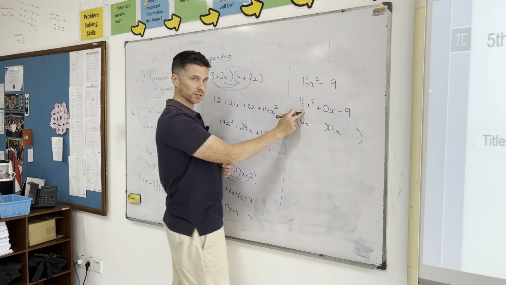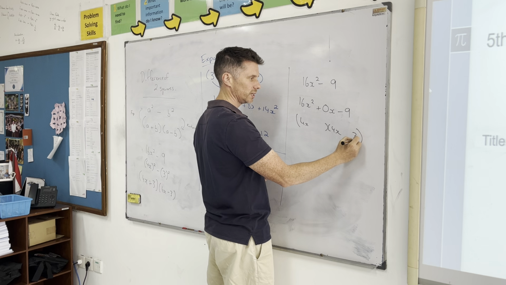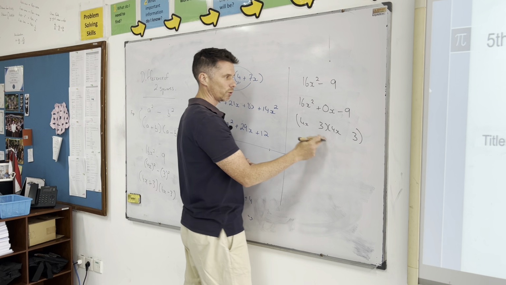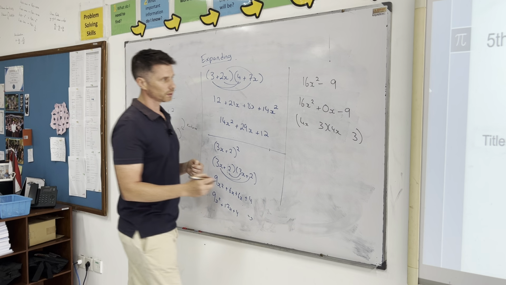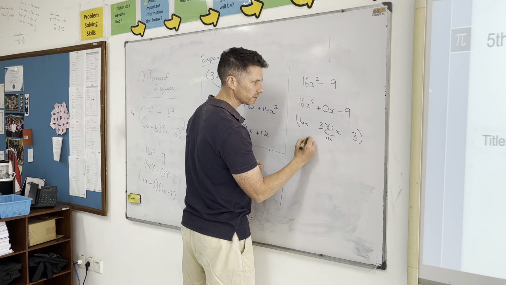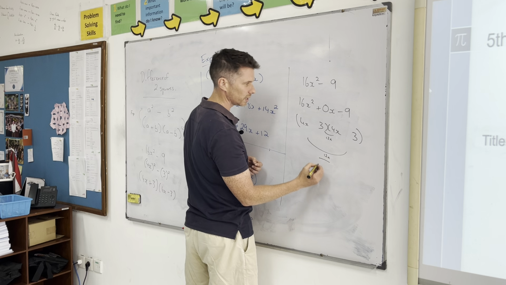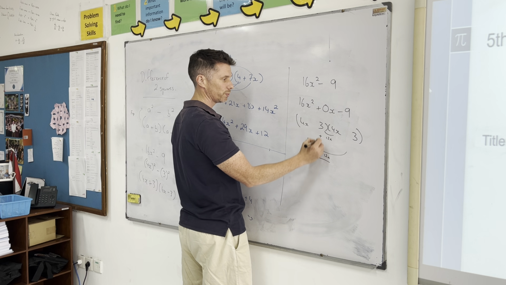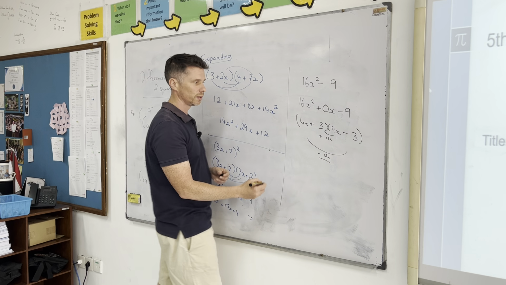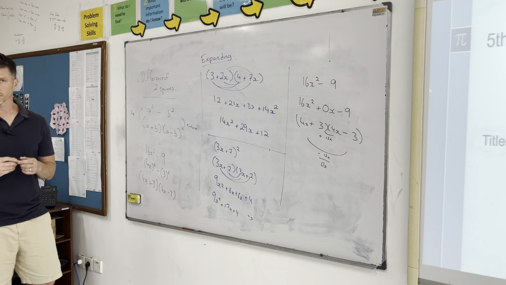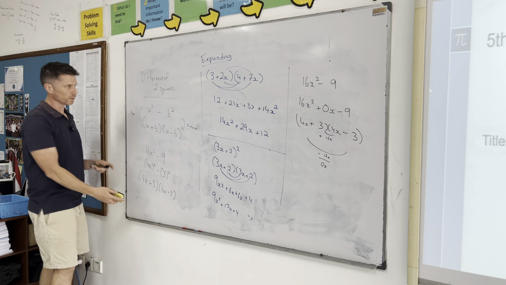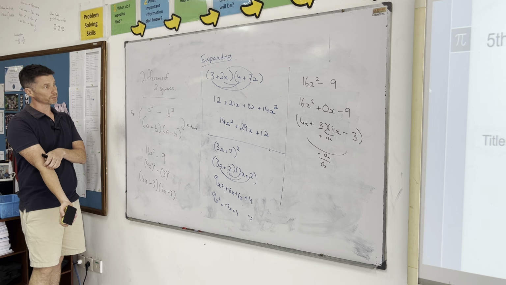They multiply to give this. Then 3 times 3 gives 9. And then what signs must they be to make 0 in the middle? Well, this one gives 12x. This one gives 12x. So in order to cancel out in the middle, one must be plus, one must be minus. It's the same principle here. So that's called difference of two squares, if that's the first time you've heard that expression. Shouldn't be, but.